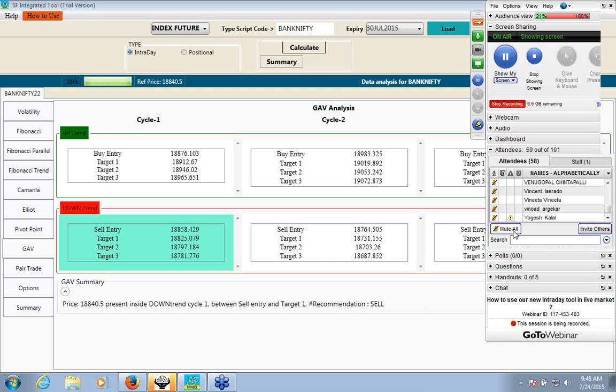So if a majority of the studies are giving you a green signal to purchase, then you can confidently purchase it.